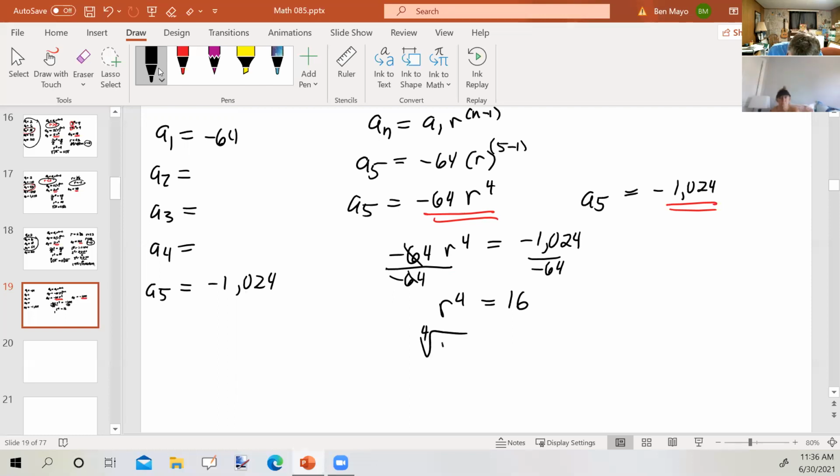So once again, we're going to take the fourth root. Whenever we take a root that's even, like square root or fourth root, we get a plus or minus. So r is going to be plus or minus the fourth root of 16. What to the fourth power is 16? Well, 1 times 1 times 1 times 1 is 1. 2 times 2 is 4, times 2 is 8, times 2 is 16.